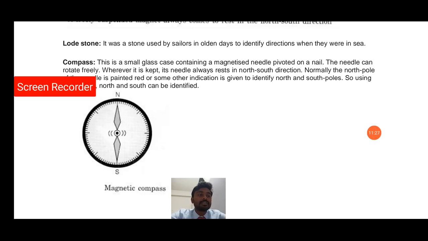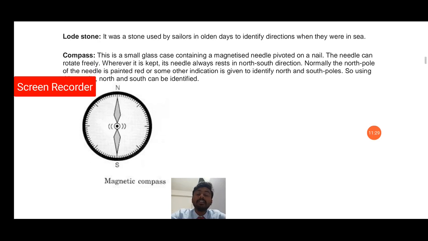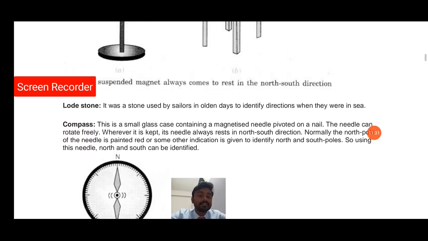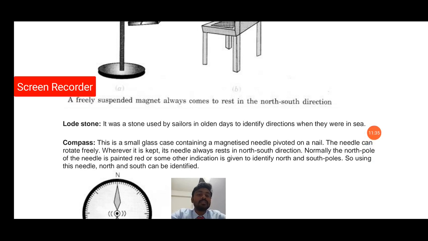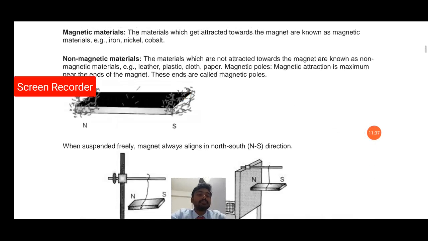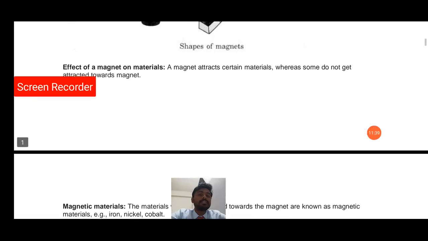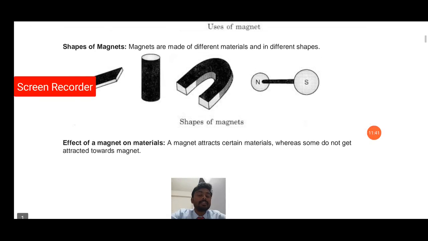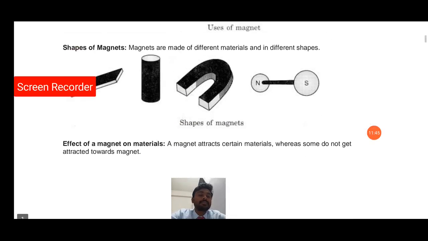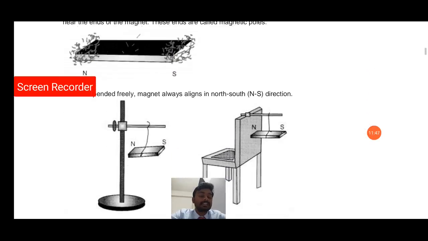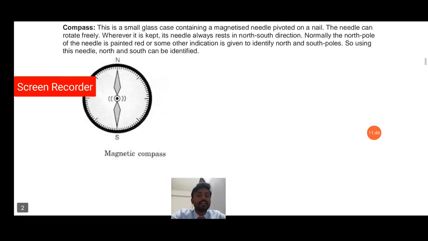The north pole is identified with the help of the red color. You can also see the lodestone. We also discussed the effect of a magnet on materials, the shapes of magnets, and the uses of magnets. Yes or no? Okay.